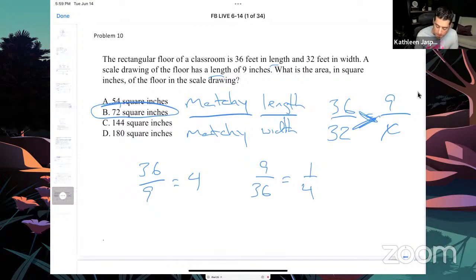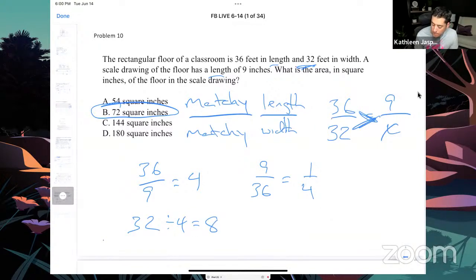So what this means is if I do big over small, it means that the big one is 4 times the value of the small one. And so if my width is 32, my big one, that means I divide by 4 and I get an answer of 8.